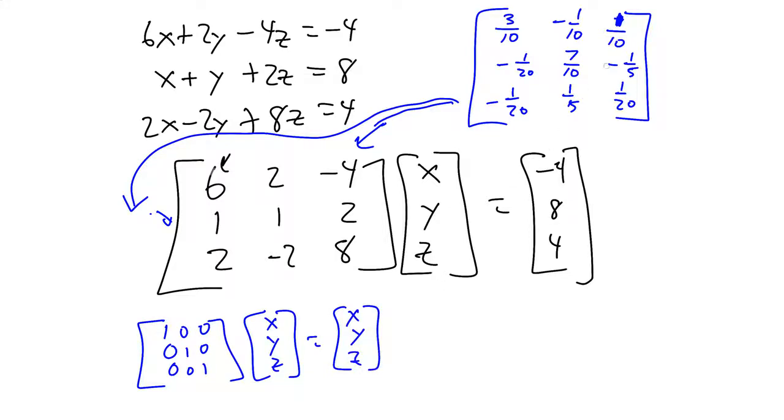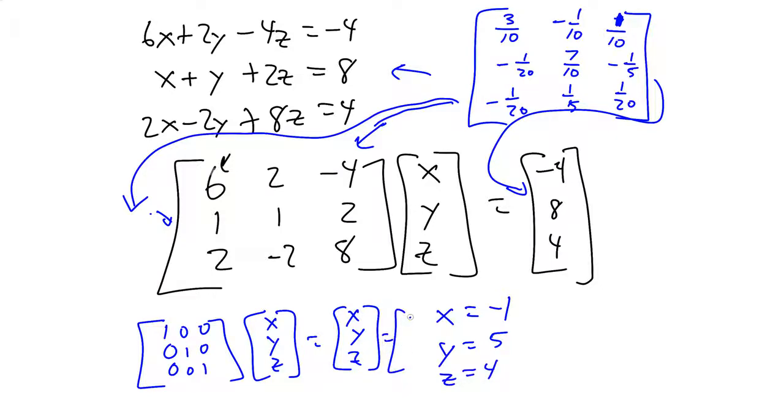And therefore, all we have to do is take this big thing and multiply it by this, which maybe seems hard, but it's not nearly as hard as all these steps of algebra would have been. And when we do that, we end up getting x equals negative 1, y equals 5, and z equals 4. Because this whole thing turns out to be on the left-hand side, the vector minus 1, 5, 4.